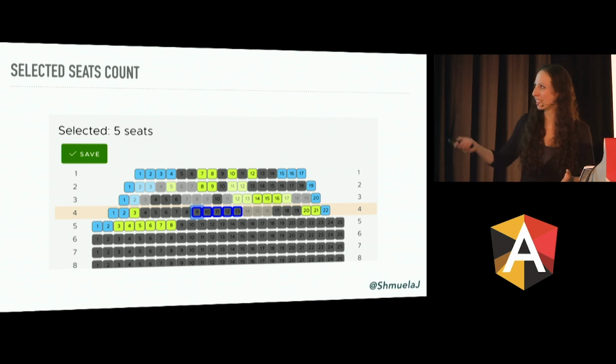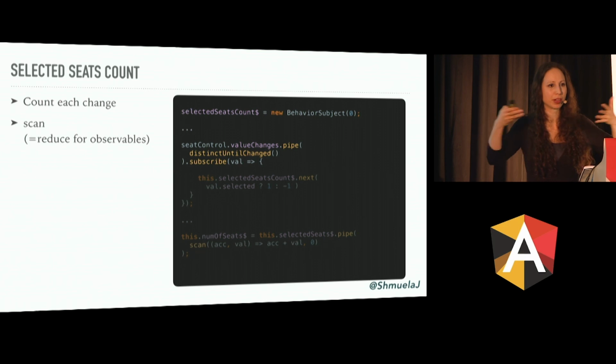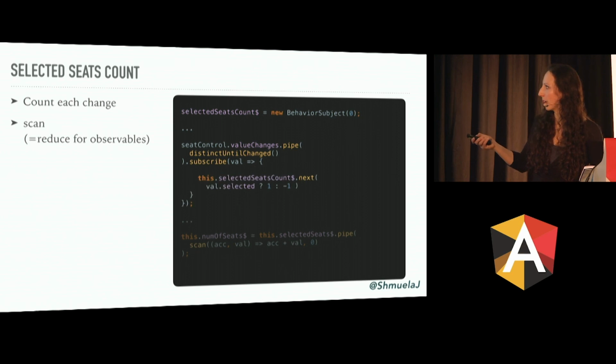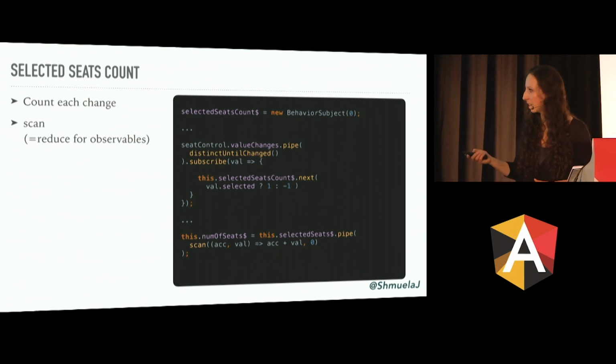OK, great. So, counting the seats. Again, a new behavior subject. Now, I did it here with two subjects, but there's also a method of combining them to have only one. And I'm subscribing to the value changes again on the seat control, and I'm checking whether it's selected or not, and passing 1 or -1, and then I'm using the scan operator to accumulate all of it and have only the total number of seats that we selected.